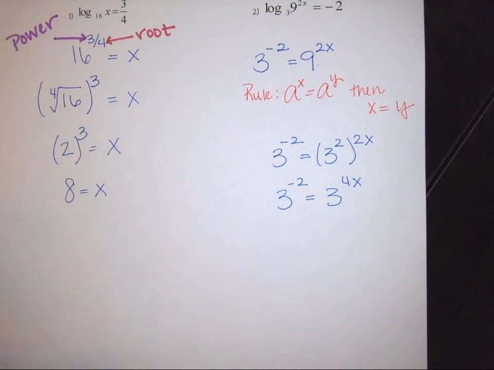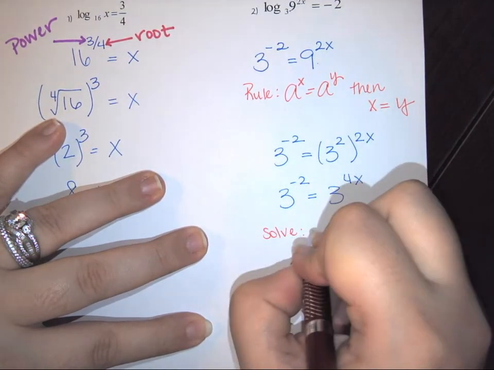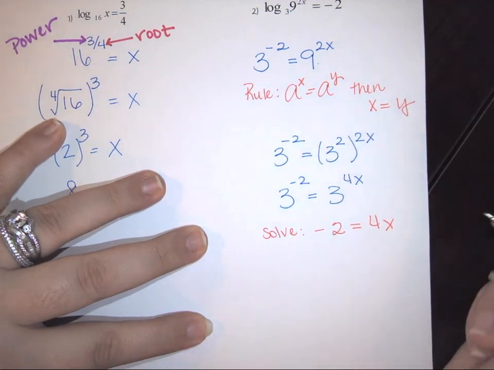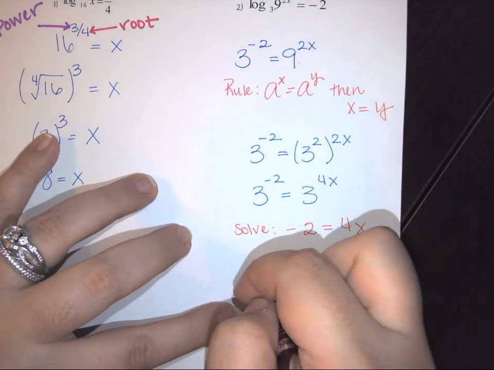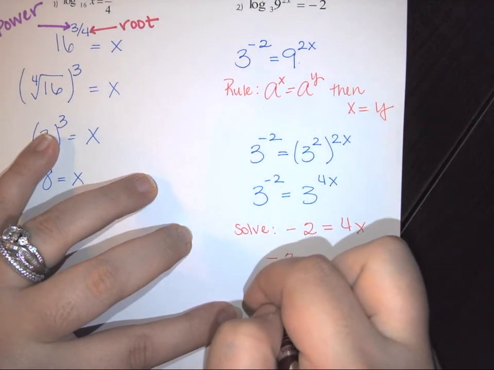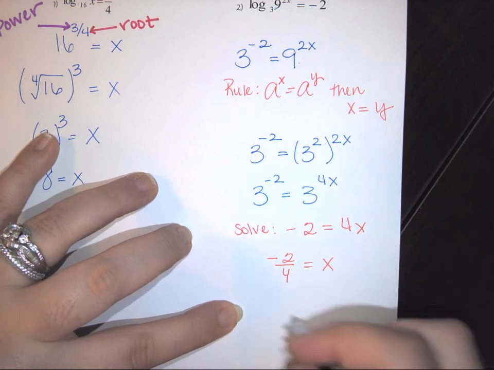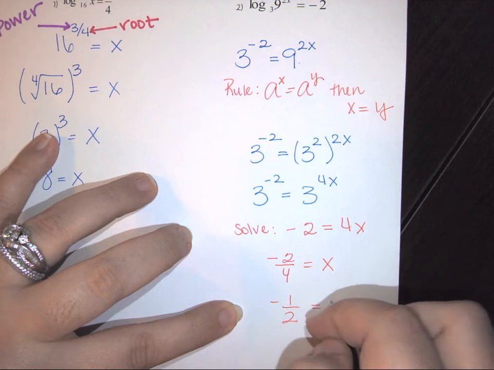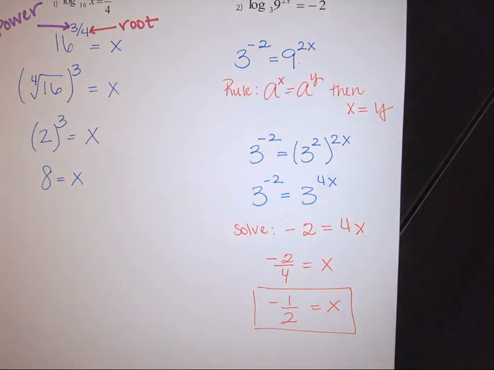Because of that, now we are able to solve that negative 2 is equal to 4x. Divide everything by 4, and we have negative 2 over 4 equals x, and you need to reduce. So negative 1/2 equals x, and this is my answer.